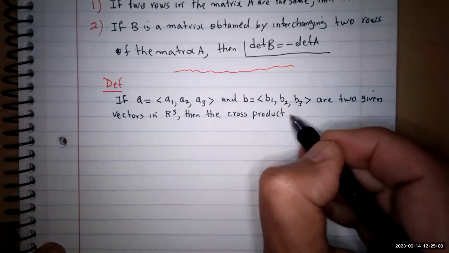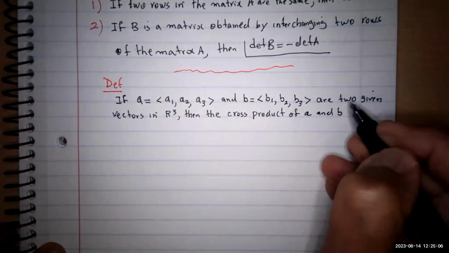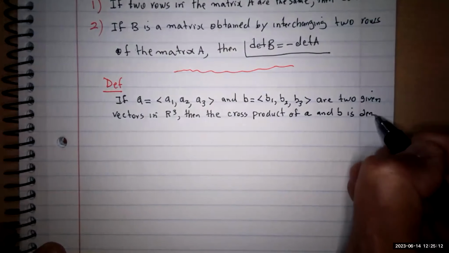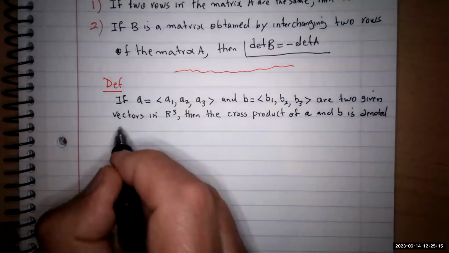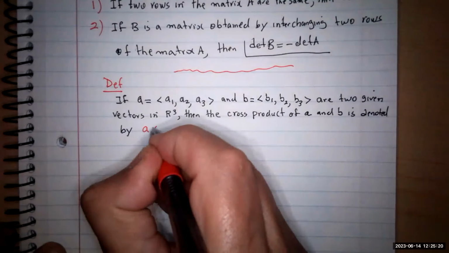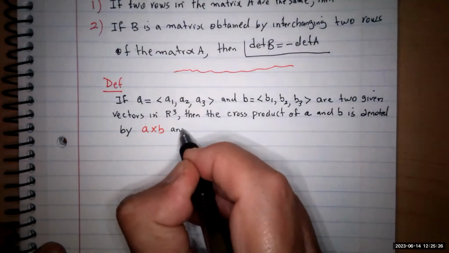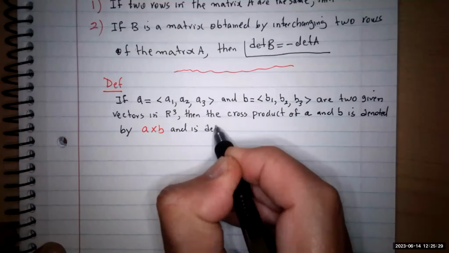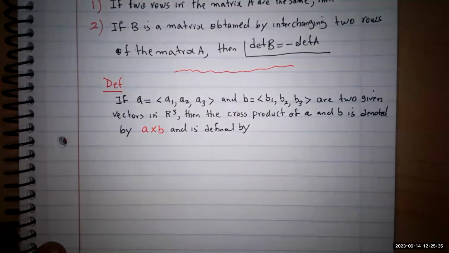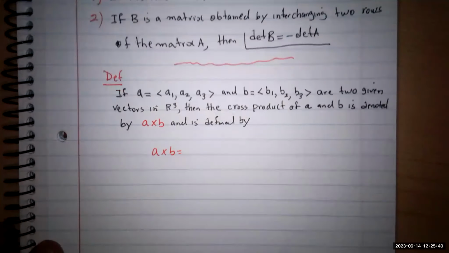The cross product of A and B is going to be denoted by, this is the notation, A cross B. And it is defined by the determinant of this matrix.